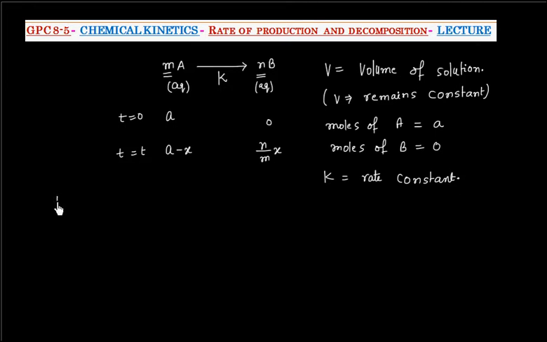We can write the rate for this reaction either in terms of decomposition of A or in terms of production of B. Minus for decomposition and plus for production.